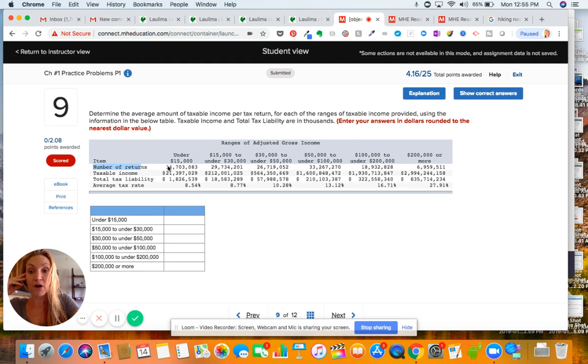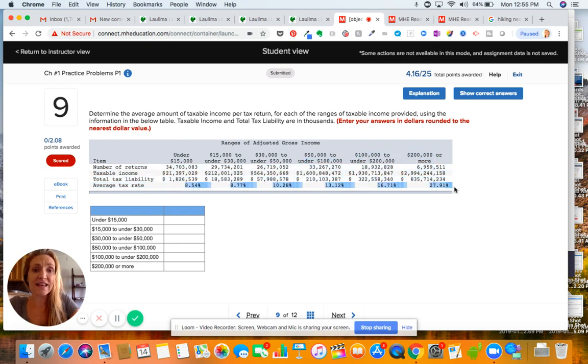These are the number of returns that were filed in that bracket, so the total is all of these returns. And then the total amount of taxable income for these tax returns is right here. The total amount of tax liability for these tax returns is this amount, and the average tax rate is this amount.